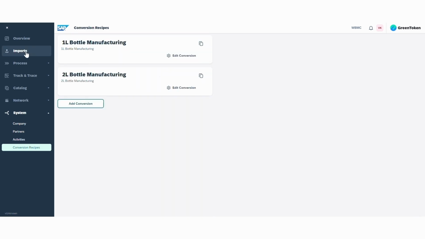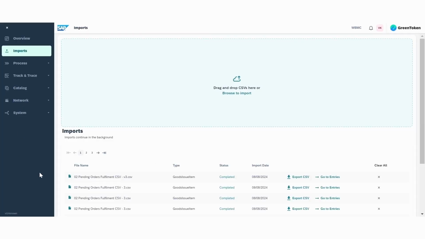The next step is getting data into Green Token, and this can be done in two ways. One is by using CSV files, or by integrating with an ERP system such as S/4HANA. When we integrate with an ERP system, many of the process steps that we are going to look at now can be completely automated. For example, a goods receipt from a vendor could trigger the transfer creation of new tokens.